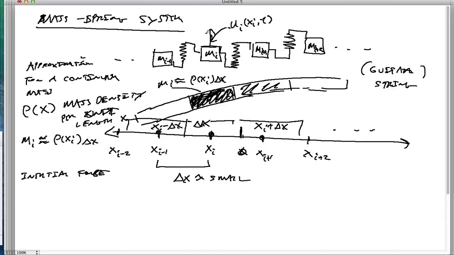It's going to be the vertical position of mass i. So we can define the inertial force to be delta x, rho of xi, times the second partial in t of u at xi comma t. All right, that's the inertial force.